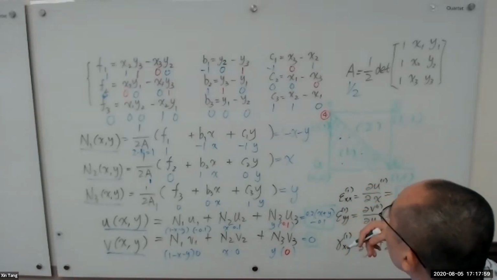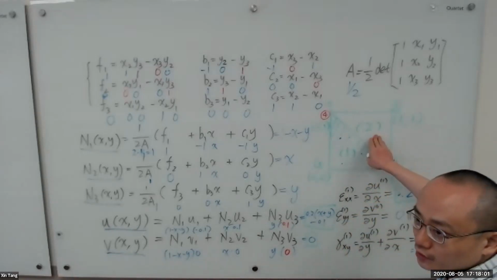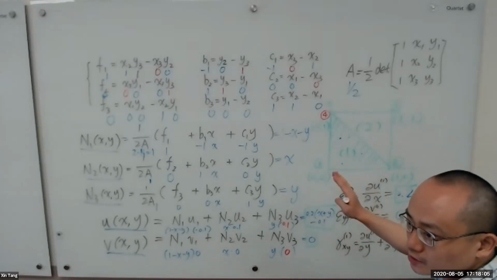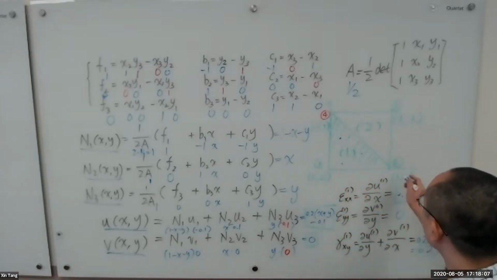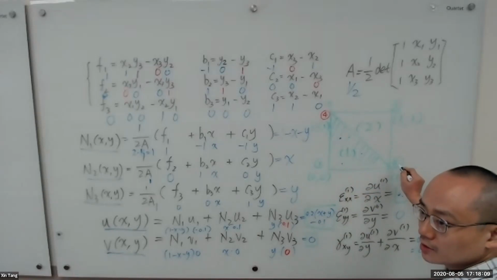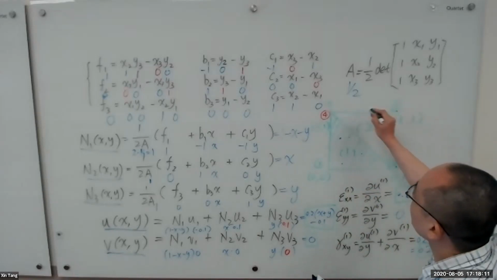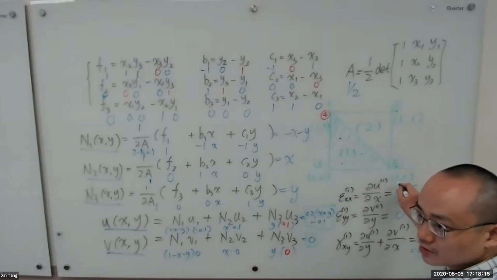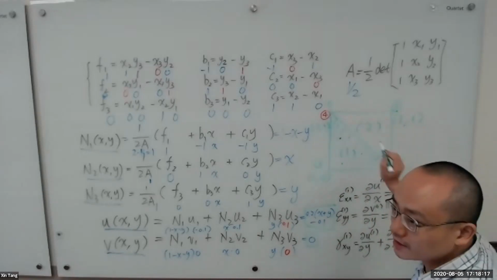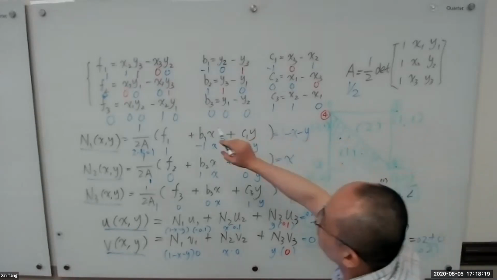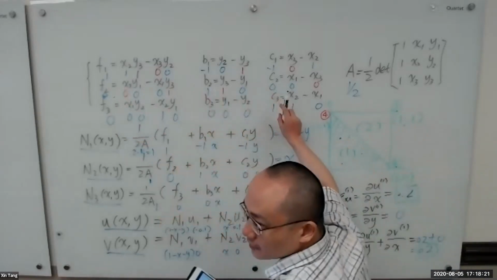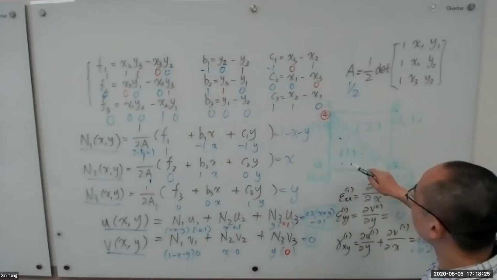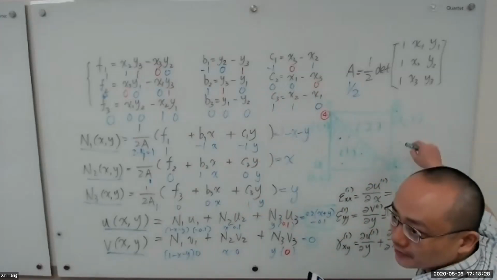Now you can also try it on element 2. Then your x1, x2, x3 and y1, y2, y3 will be those of element 2, element 3, element 4, respectively. Make sure you add the correct coordinates and correct displacements into these F, B, C functions, and A will be the same because this is the same area.